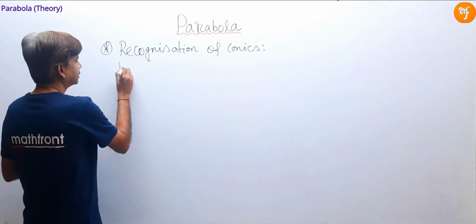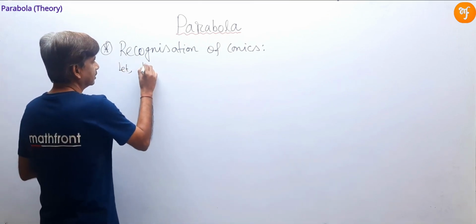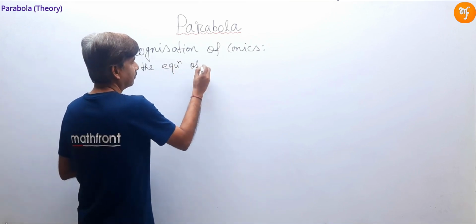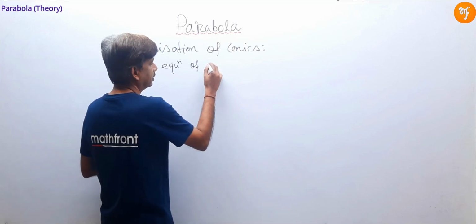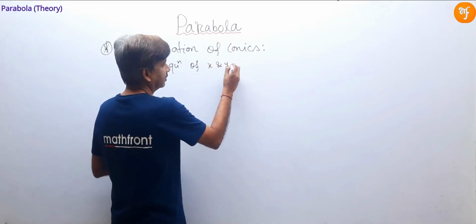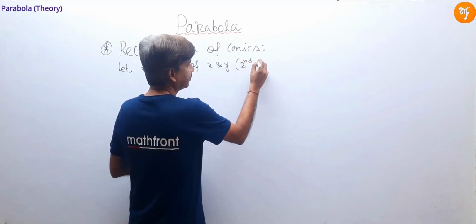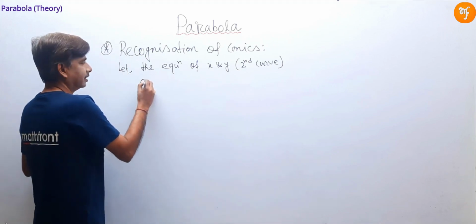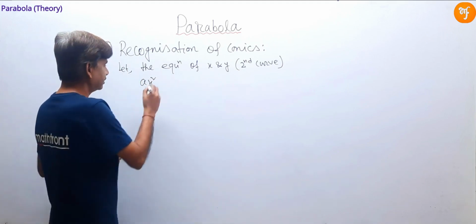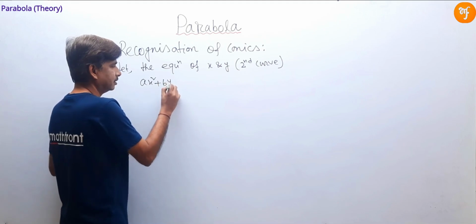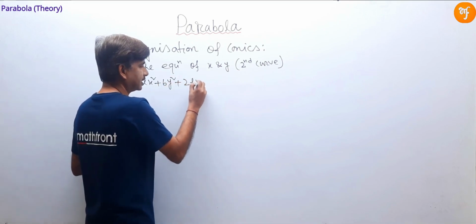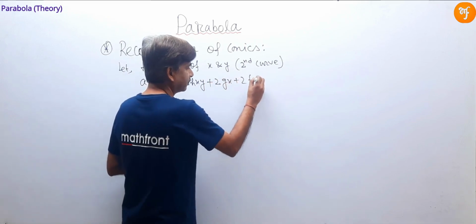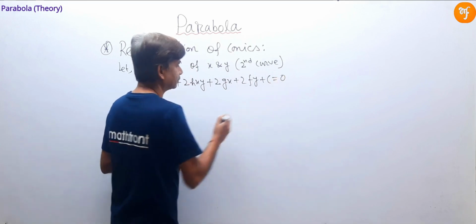So let the equation of x and y, this is a second degree curve. The equation is ax square plus by square plus 2hxy plus 2gx plus 2fy plus c is equal to 0.